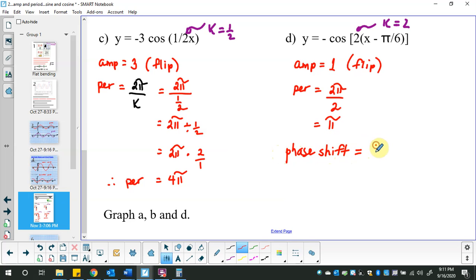There is a phase shift of pi over 6. But if you remember from grade 11, with all the other graphs that you were looking at, or maybe even the trig graphs, when you have a sideways movement, you go in the opposite direction of this sign. So if you think about the x-axis, which is horizontal, negatives are to the left. That means this is going to go backwards, so we're going to go pi over 6 to the right.